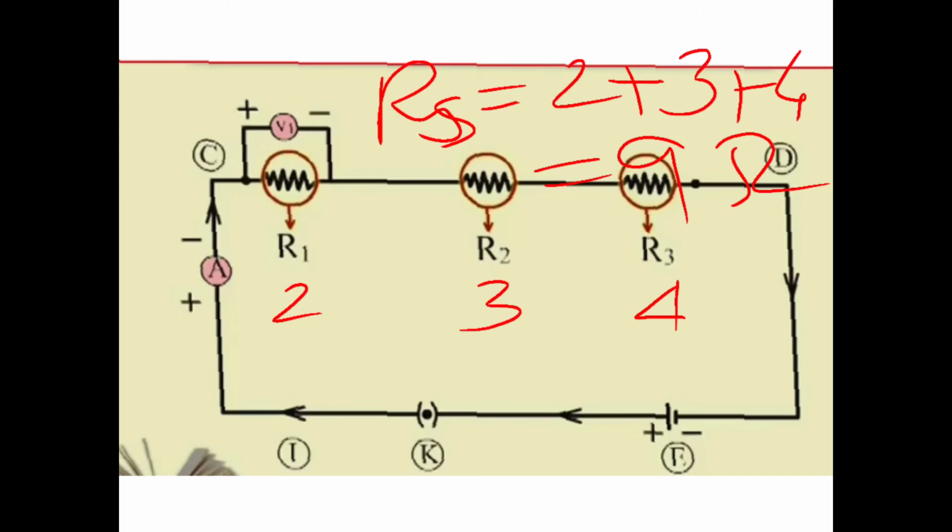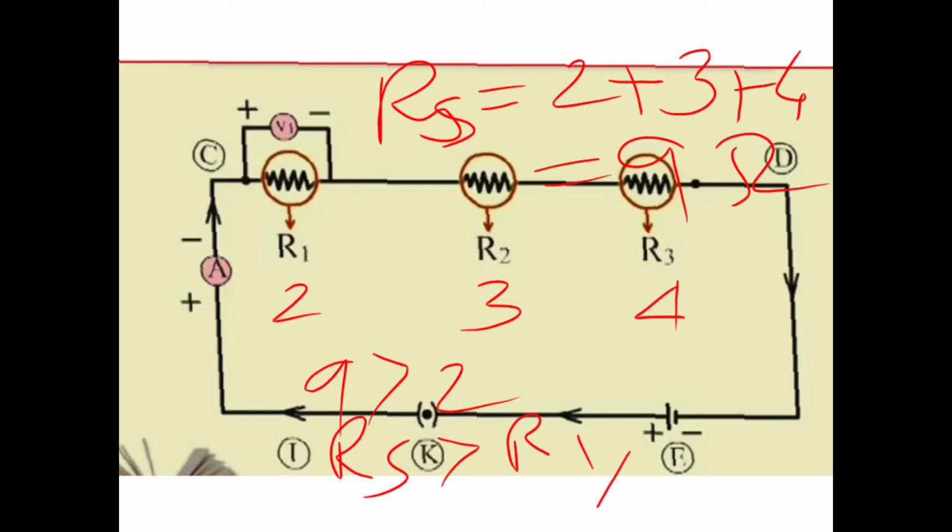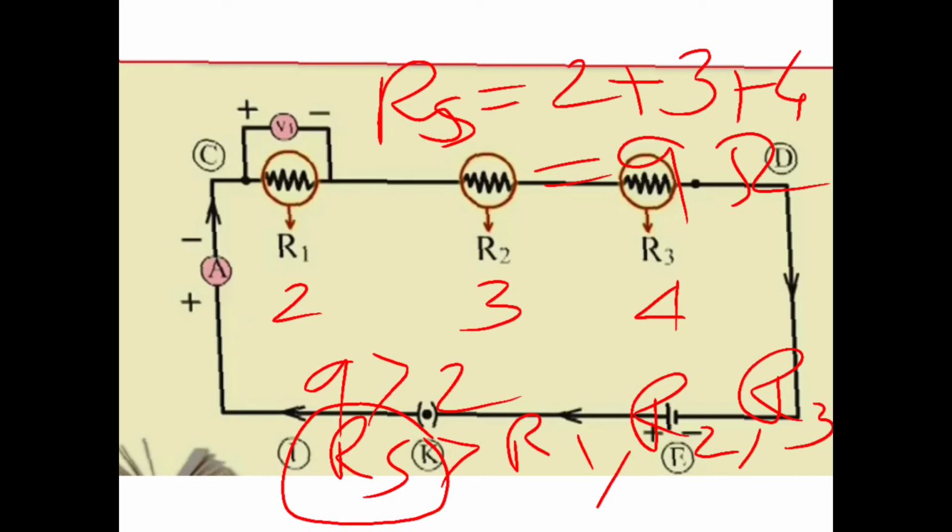Now children, see this 9 is greater than 2. That means my RS is greater than R1. It is greater than 3, so it is greater than R2 also. It is greater than R3 also. So you remember, when the resistances are kept in series, the effective resistance is more than the individual resistances. Individual resistances are R1, R2, R3, etc. Okay.